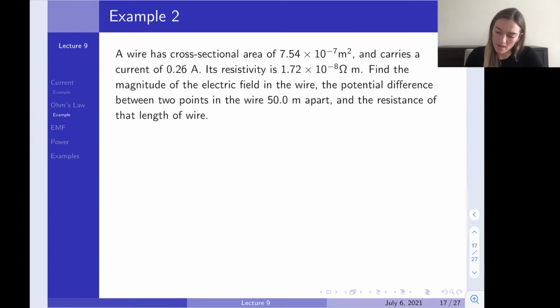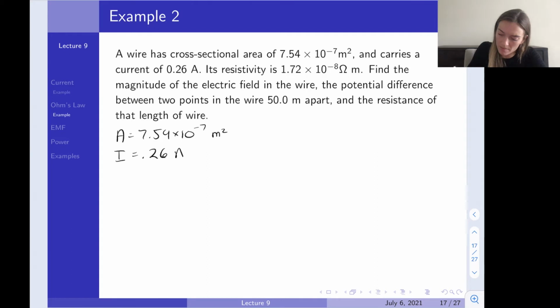So we have a wire with cross-sectional area of 7.54 times 10 to the negative 7 meters squared. It carries a current of 0.26 amps. And its resistivity, so rho, is 1.72 times 10 to the negative 8 ohm meters.